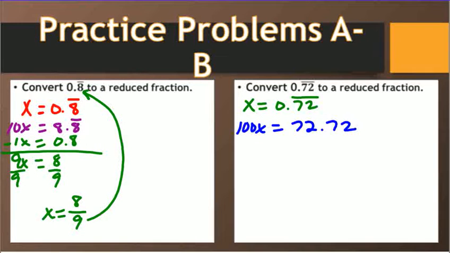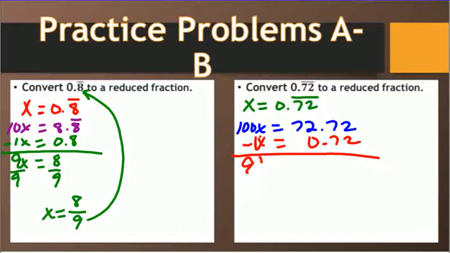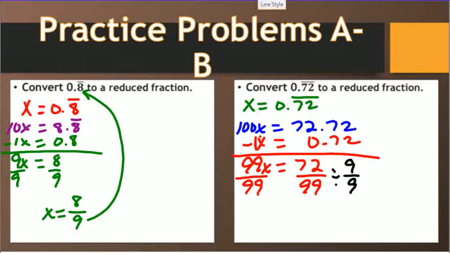Take the top equation, subtract it from the second equation, so minus 1x equaling 0.72. And now I have 99x equaling 72. Divide by 99. I can divide this by 9 over 9. This would give us 8 over 11.